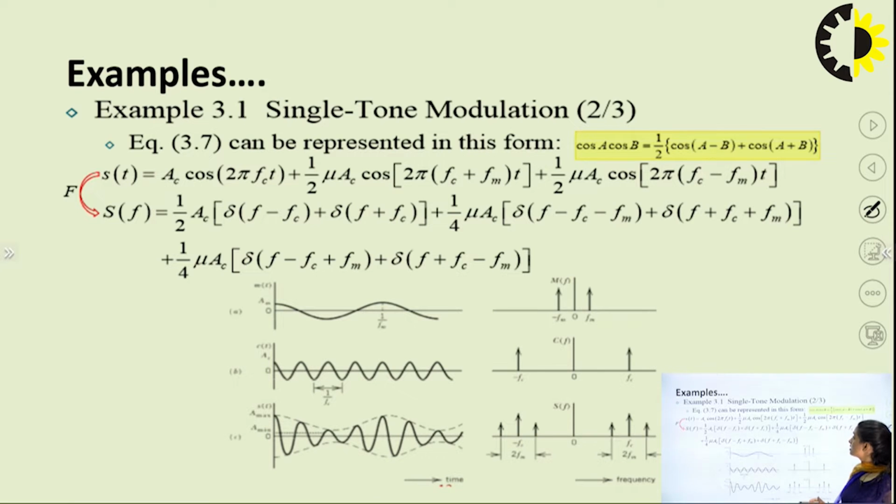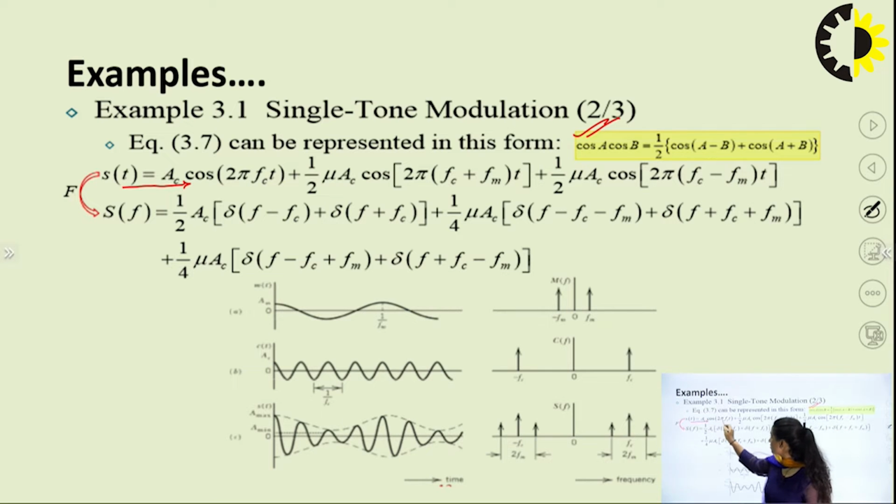So from the formula for cos A cos B, we get this expression, which gives the expression for my lower sideband and upper sideband. If this is my s(t), Ac cos 2 pi fc t, cos A cos B is half of cos(A plus B) plus cos(A minus B).